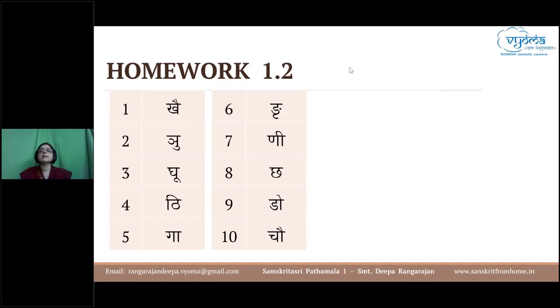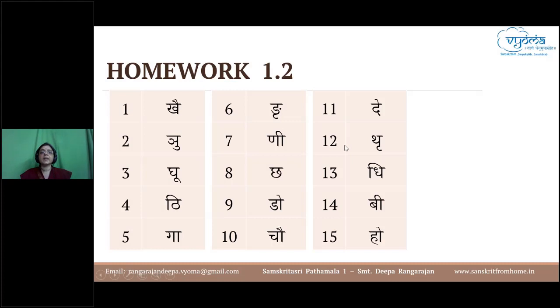Kalyani Mahi. Namaste, Mahodaya. Namaste. Can you read? De, Yes. Dra, very good. Dhi. This is Thi, the short Thi. Di, Bhi, Ho.